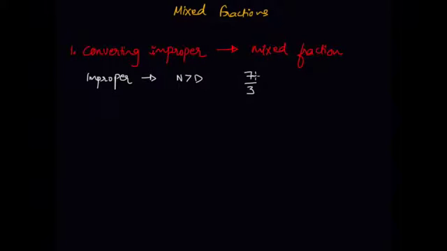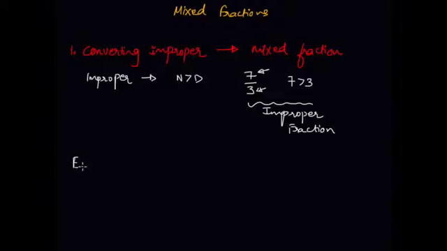We notice here that 7, which is the numerator, is larger than 3, which is the denominator. So 7 is greater than 3. So this is what we call an improper fraction. So how do we convert an improper fraction into a mixed fraction?